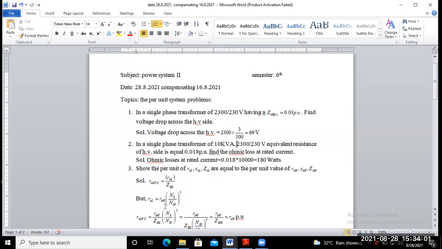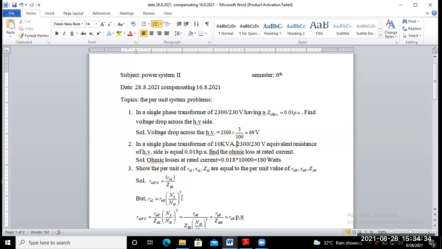So if you want to convert this one, we can write here REL equal to REH into NL by NH, that means low voltage side turns divided by high voltage side turns ratio, squared. As we know how we can transfer from one side to another, that means low voltage side to high voltage side, for resistance, leakage reactance or impedance.